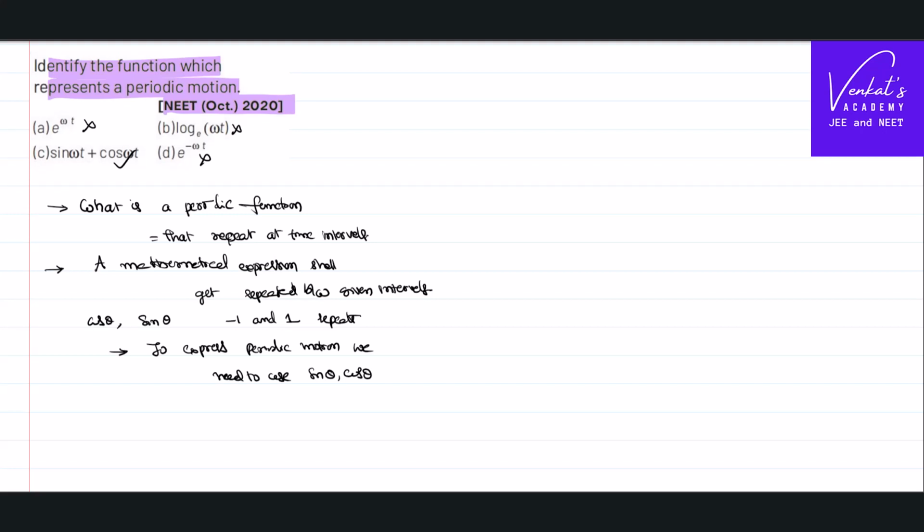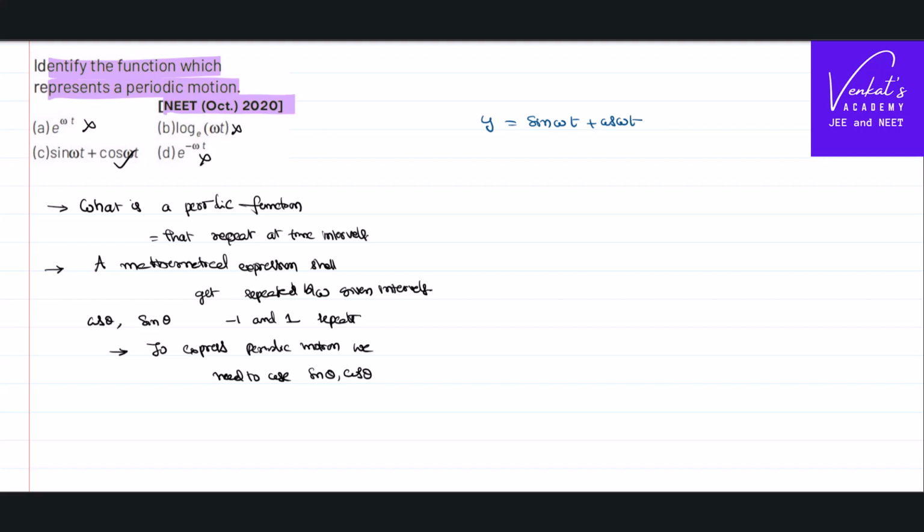But how come it is not sine theta alone, but sine theta plus cos theta? That also can be expressed in terms of a single function. Say, for example, the displacement is given as y equals sine omega t plus cos omega t.